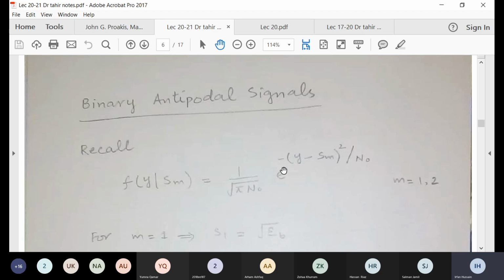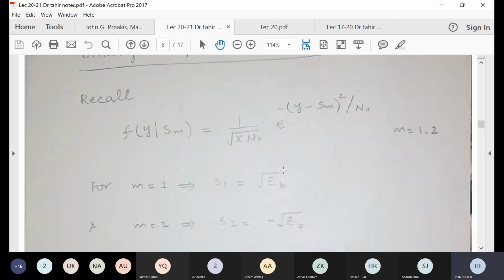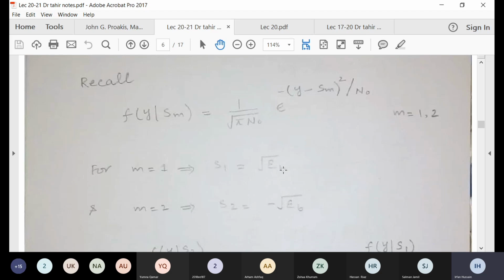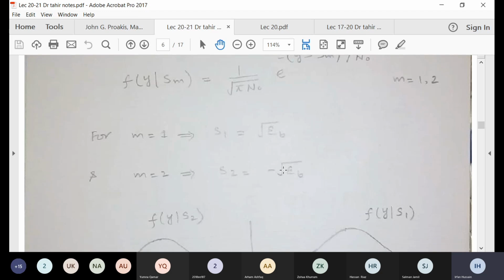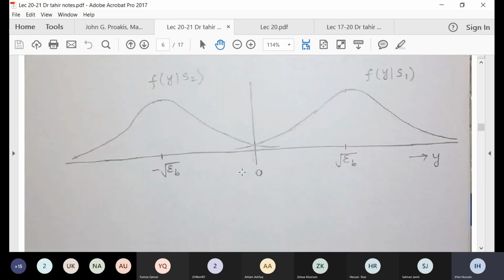And you can also see its PDF that we have derived originally. The mean was delta EB. This we have already done. f of y given S1, S2, you know, will be just like this.